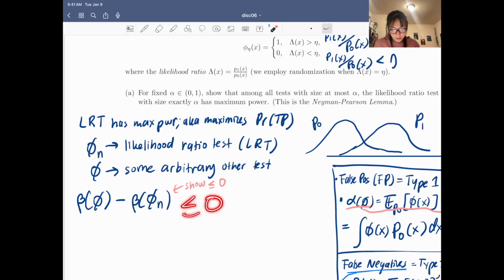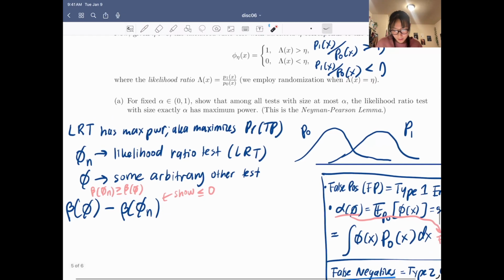That basically indicates that this is greater than that, which is ultimately what we want. So if we can show this whole thing is less than or equal to 0, we get our answer.